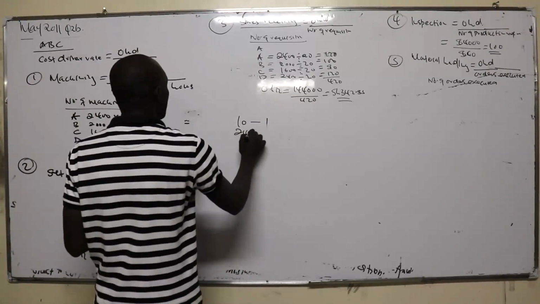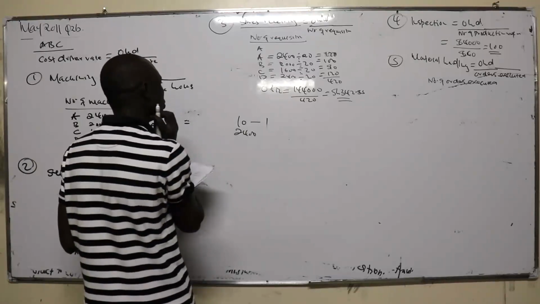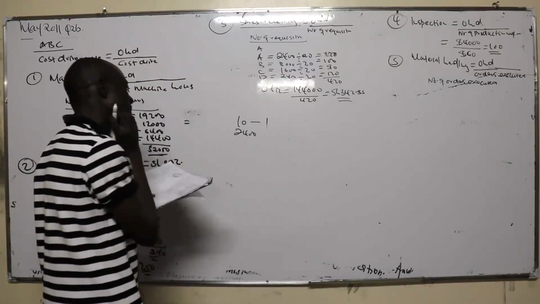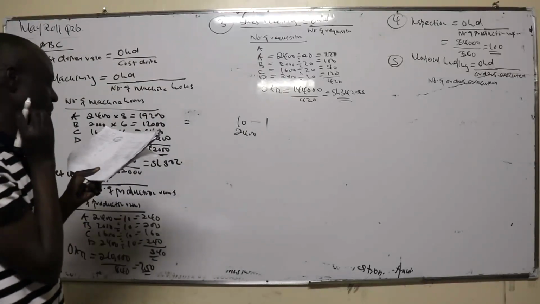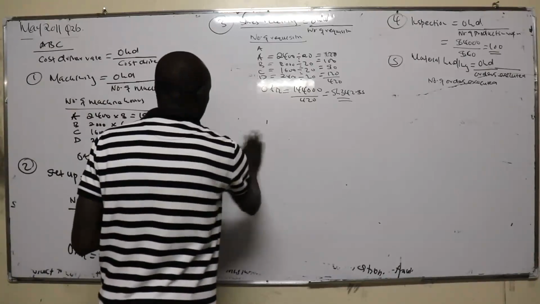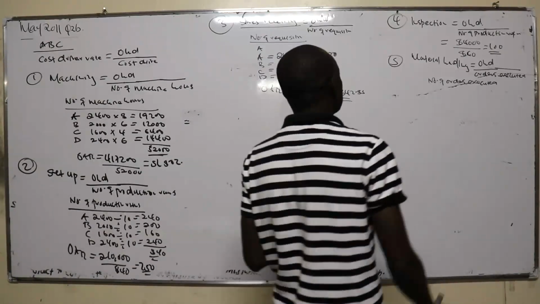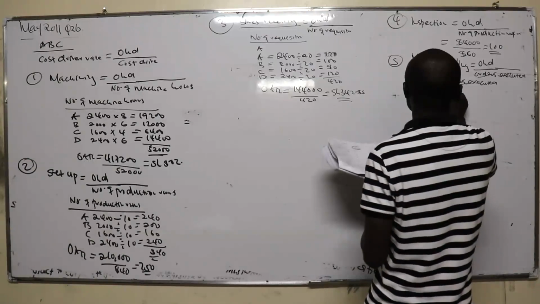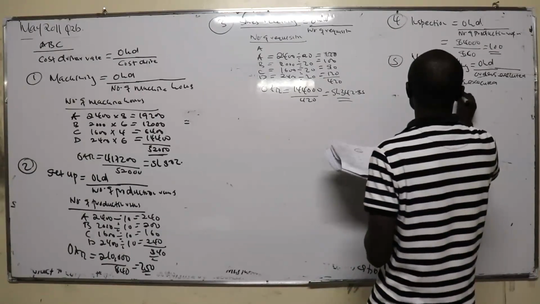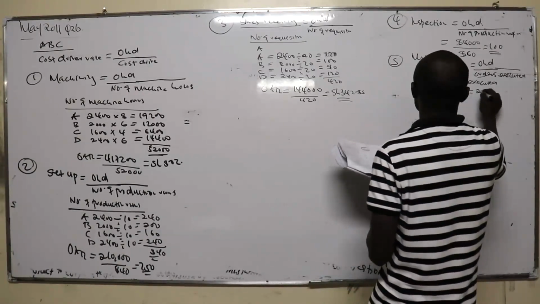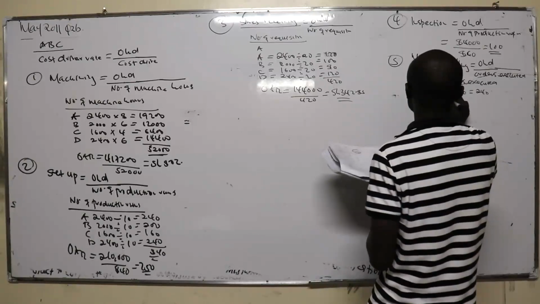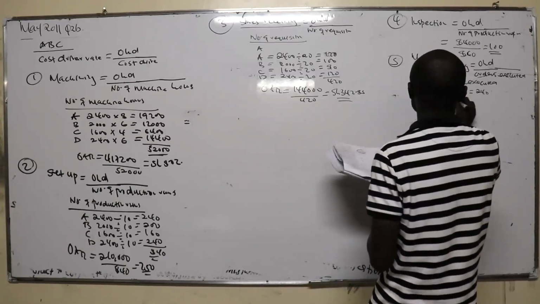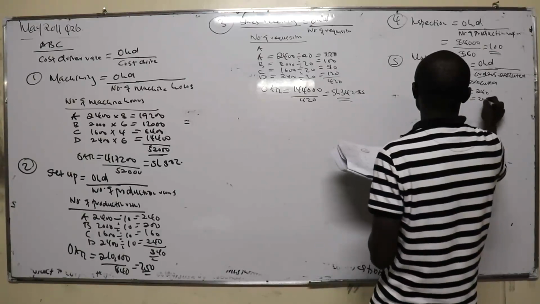What about 2,400? The same thing is going to happen here. It's going to be 2,400 divided by 10, which is 240. Then 2,000, this is product B, divided by 10, is 200.